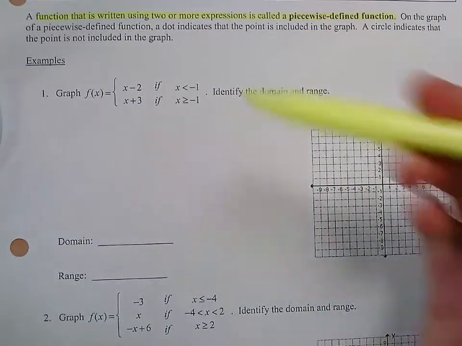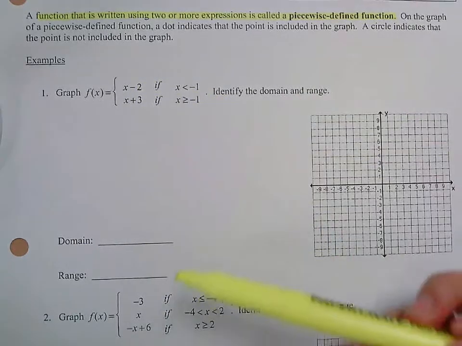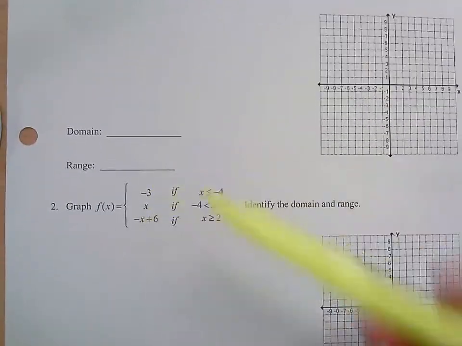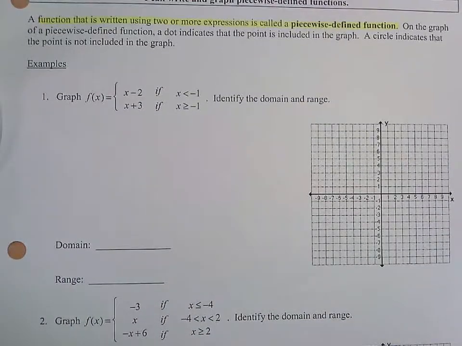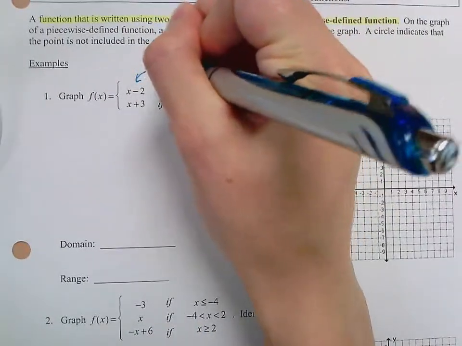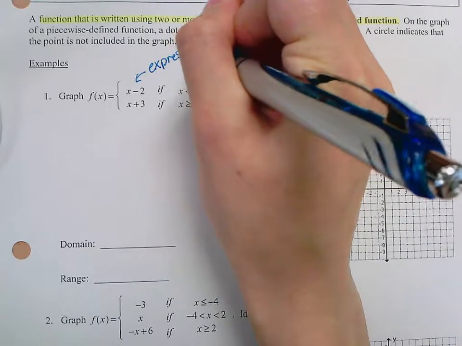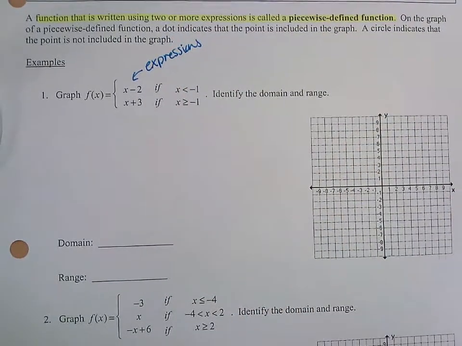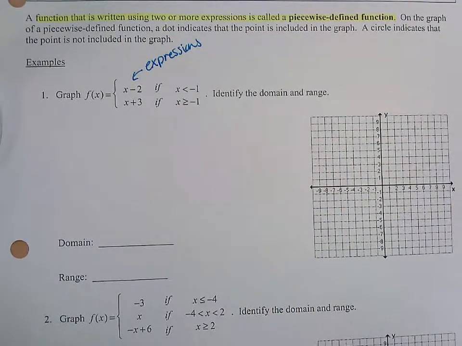You can see the first one has two expressions, and then the second one has three expressions. So actually, I'll fill this in. These here are your expressions. All of the pieces that we are graphing are linear.